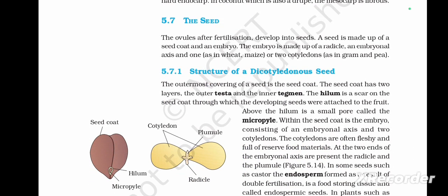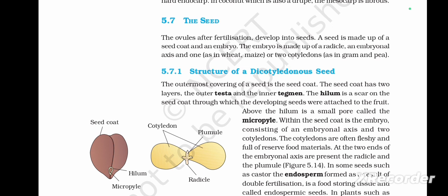And the next topic is structure of a dicotyledonous seed. The outermost covering of a seed is the seed coat. The seed coat has two layers, the outer testa and the inner tegmen. The hilum is a scar on the seed coat through which the developing seeds were attached to the fruit.